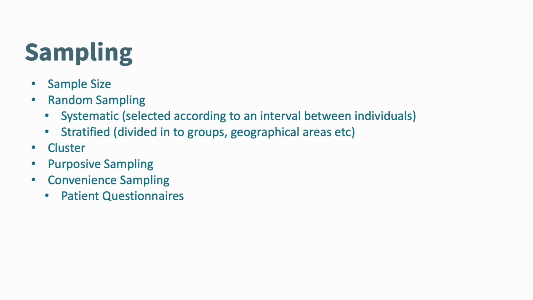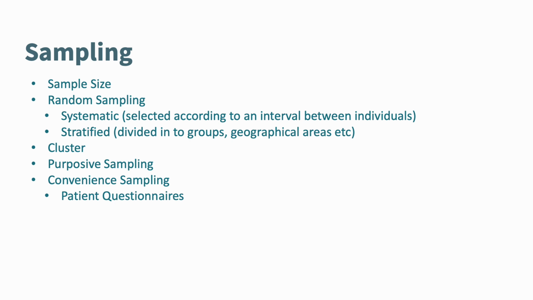And then if you look at the types of sampling, you can do random sampling, or systematic sampling, selected according to an individual, between individuals. So again, we're going to select every third patient that so and so sees, or every patient who arrives at 10 o'clock, 12 o'clock, 3 o'clock on this day.